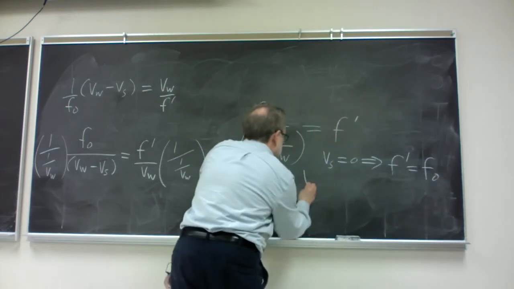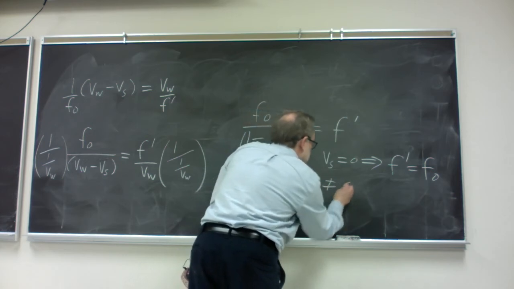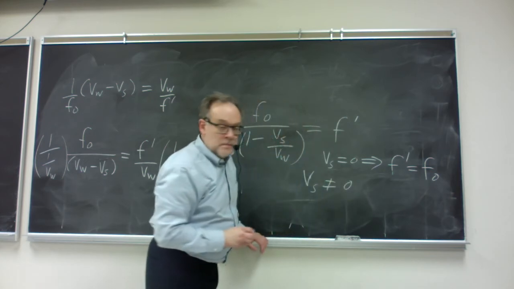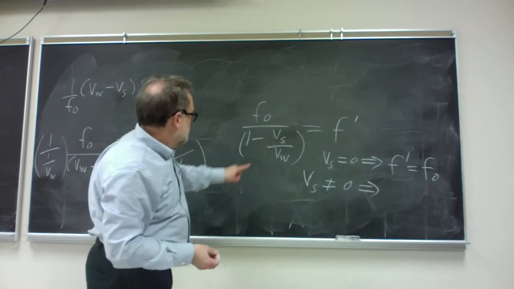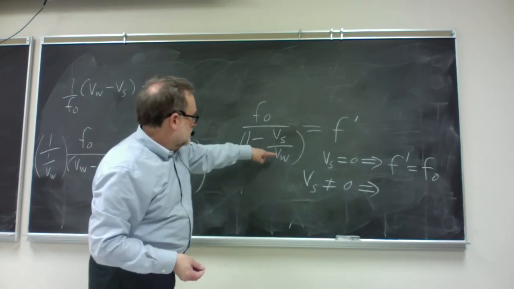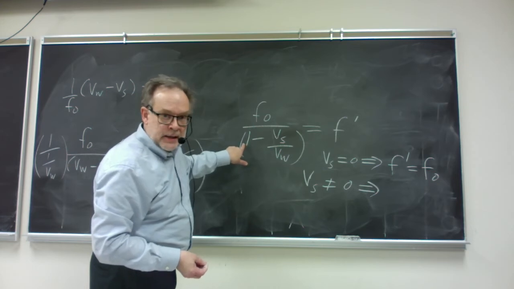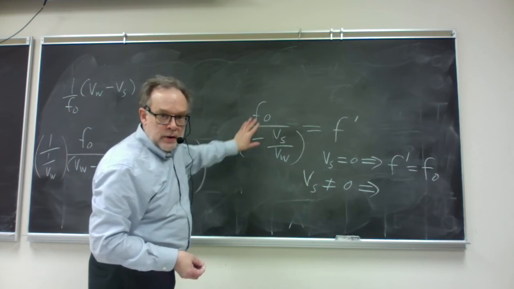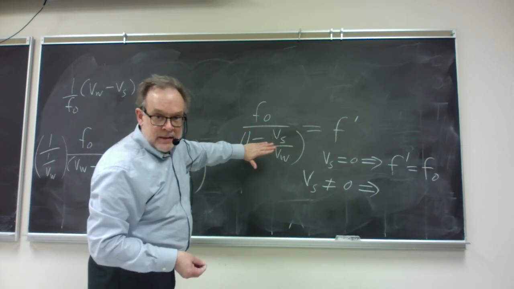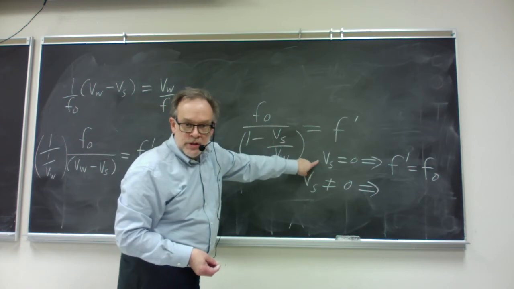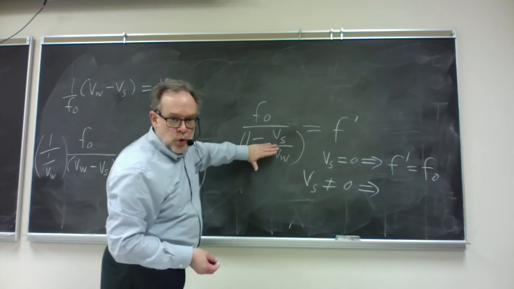If the source frequency is not 0, if the source is moving, then this term is not 0, so you're subtracting something from 1. So now this denominator is less than it had been before. When the source speed was 0, this denominator was 1.